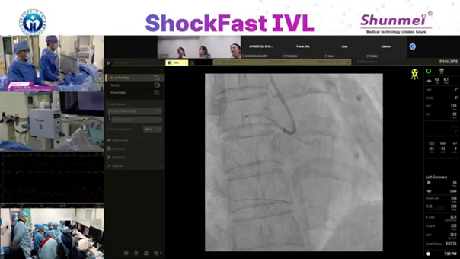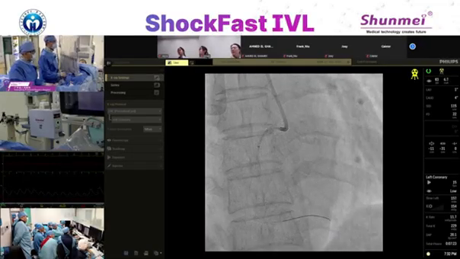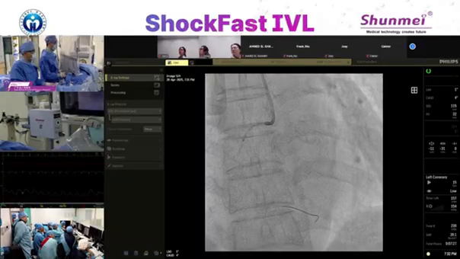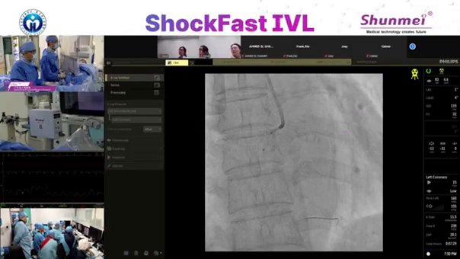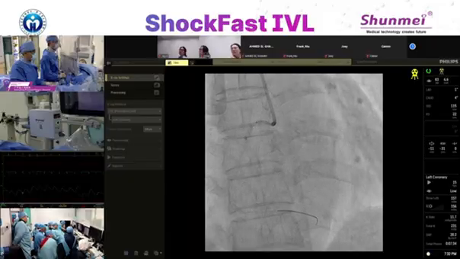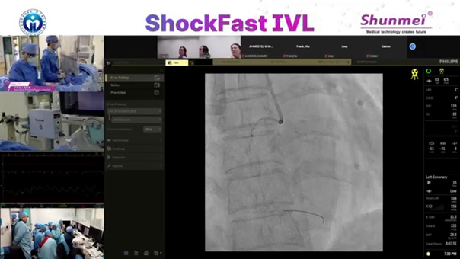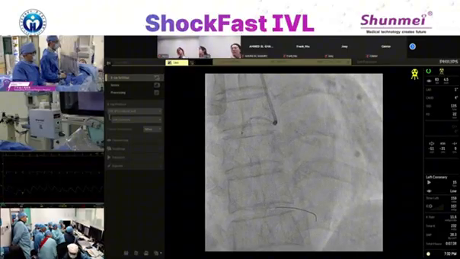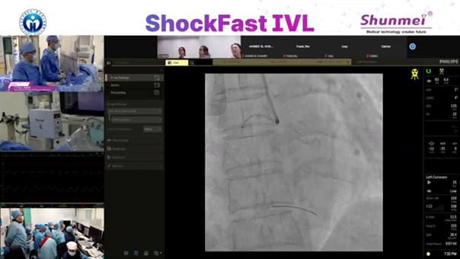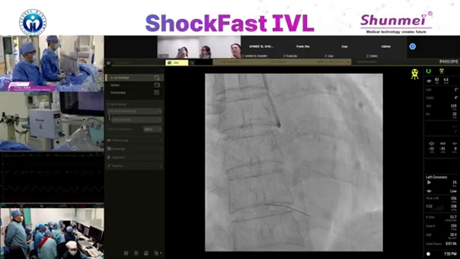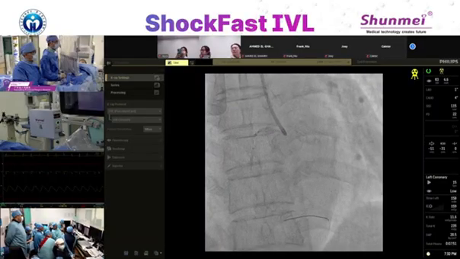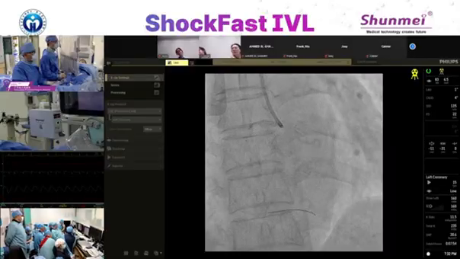Oh no, I don't think we can cross. ShockFast in. If we get the M+1, but not the short tip AL, maybe it works. But here, okay, I think it's too tight.